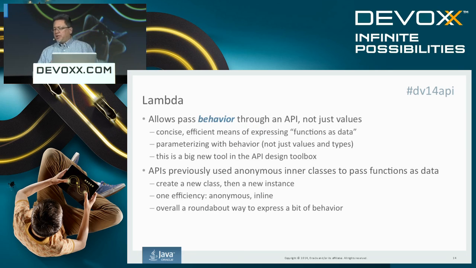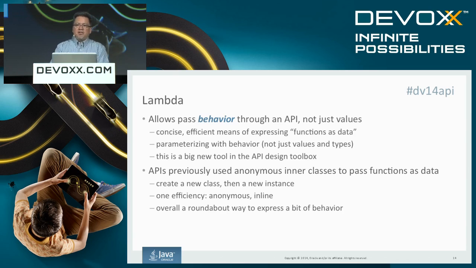All right, so the big point about using Lambda in an API is that it allows you to pass behavior through an API, not just values. So before Lambda, you could call a method, you could pass in objects, primitives, and so forth, mainly values. With Lambda, you can pass in a bit of behavior. And this is a very, very powerful concept, and I have some extended examples that illustrate that.